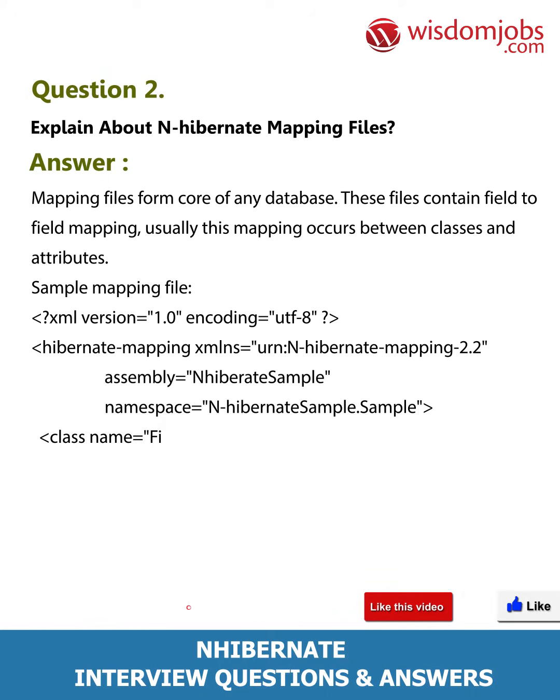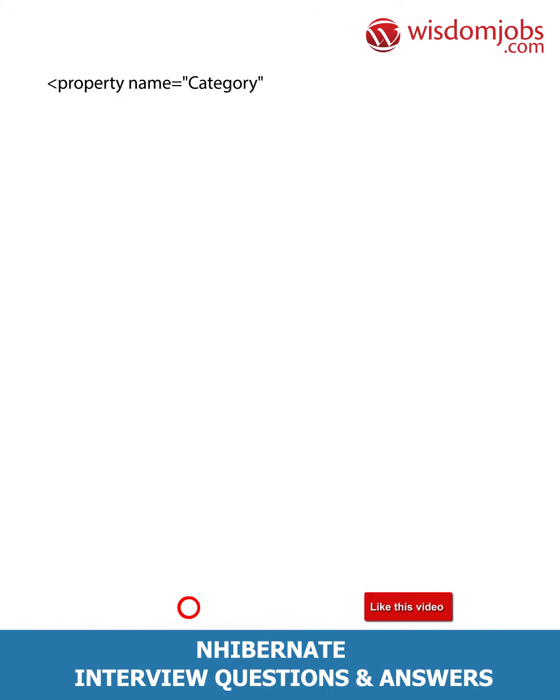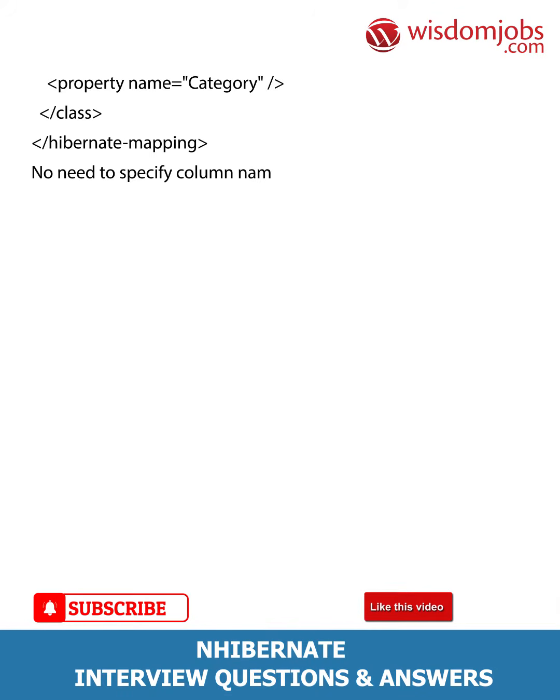Class name equals FirstSample. Id name equals Id, generator class equals native. Property name equals Name. Property name equals Category class. /hibernate-mapping.